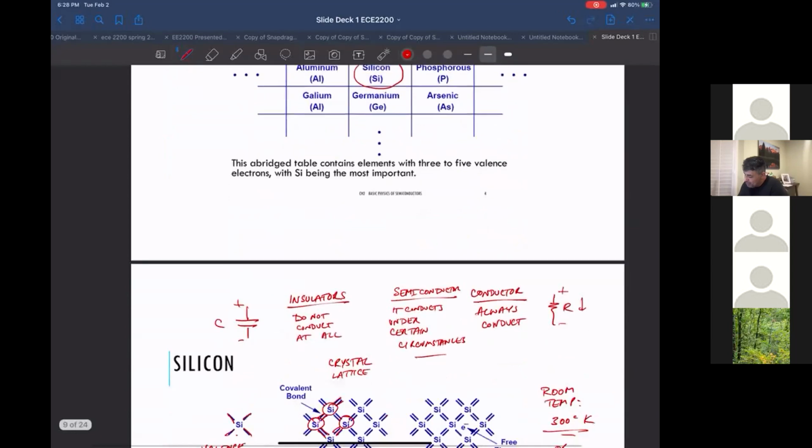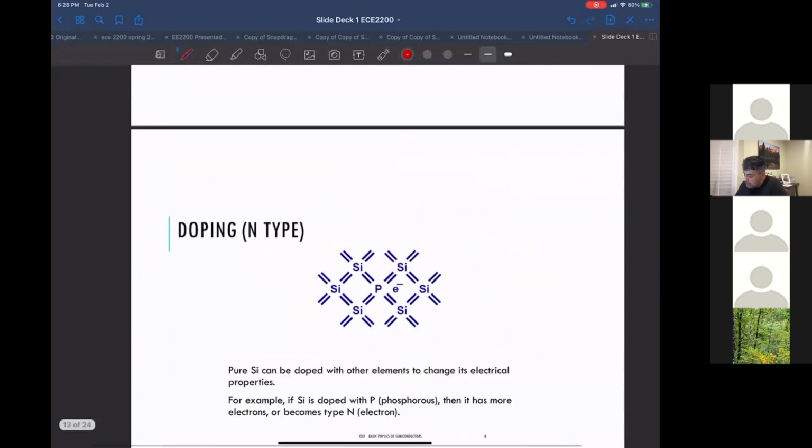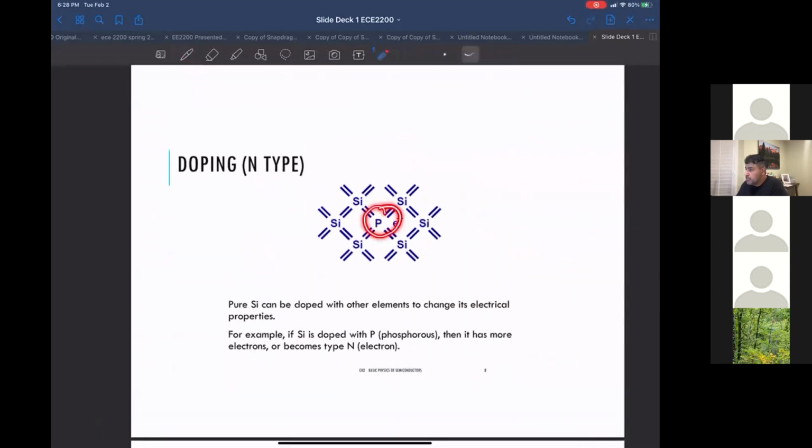That means that if you had a phosphorus atom in a lattice of silicon, regardless of what temperature you're at, you always have an extra valence electron just floating around, and it's not being constrained or held down by being connected to something around it. So just because phosphorus has 5 valence electrons means that you'll end up with extra electrons.